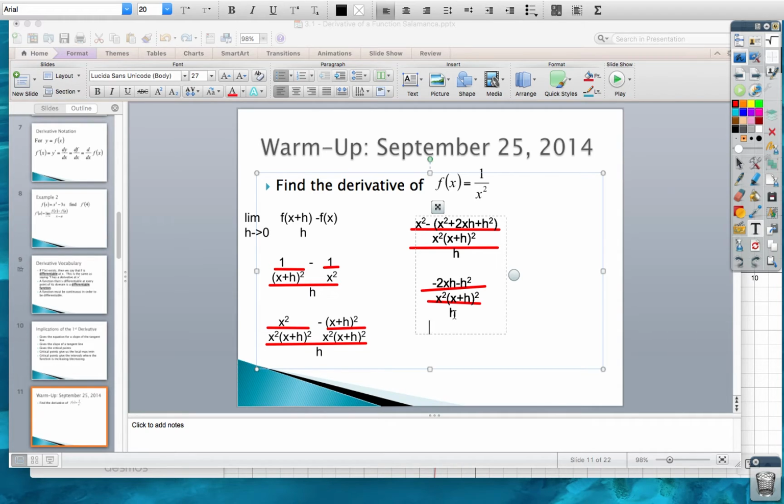And then we can factor out a negative h from both terms. So negative h times the quantity 2x plus h, divided by x squared times quantity x plus h squared, all divided by h again.